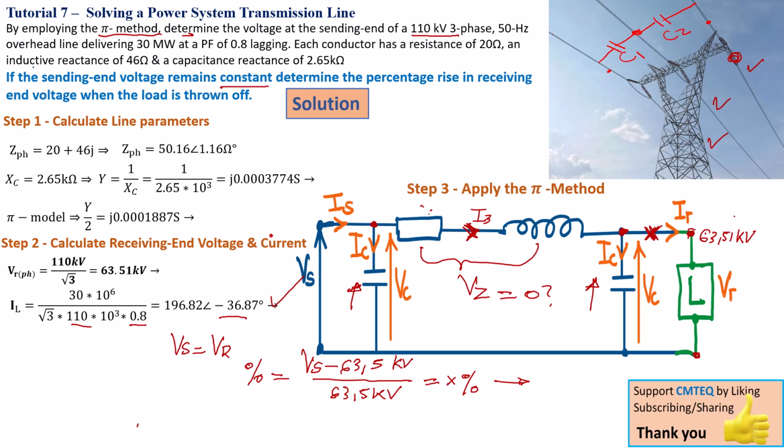So that is what you need to determine, and once you determine the voltage at the sending end, you're going to find that percentage rise. So from 63.5 to whatever value it is, that will be the percentage by which the receiving end voltage is going to rise. That's basically the tricky problem that they were asking there.